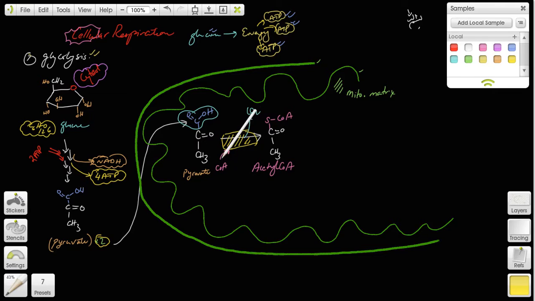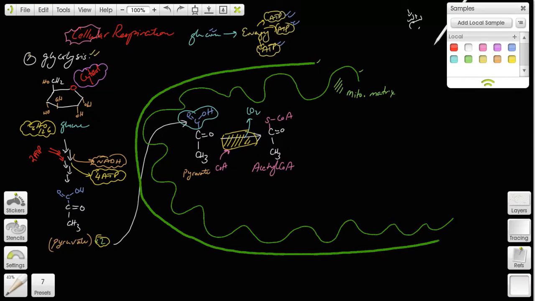So pyruvate combines with CoA to form the acetyl-CoA, and the original pyruvate part of the molecule is right here, and that's going to remain in the acetyl-CoA like this, and the coenzyme group is going to be over here. So basically, this is a reaction that's going to deliver the pyruvate molecule into the next step.